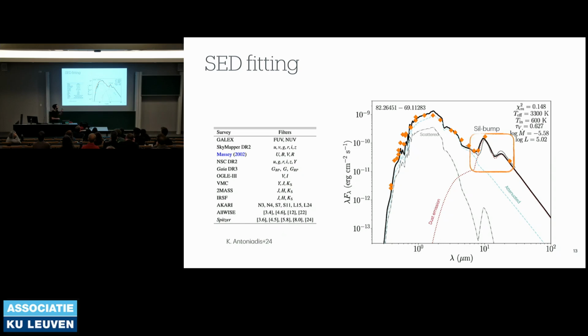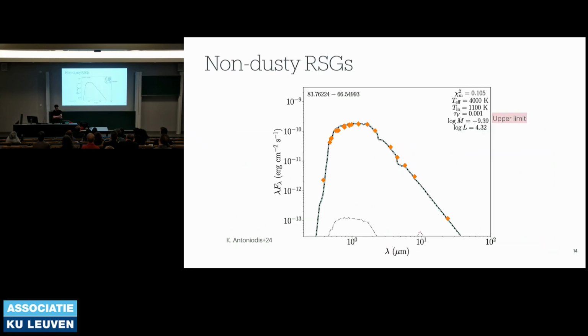And yeah, you can see the so-called silicate bump that is from the dust around. And then there were also some non-dusty red supergiants. As you can see here, there is no infrared excess, and they're fitted with the lowest value of the optical depth of our grid. And these we use as upper limits in the results.